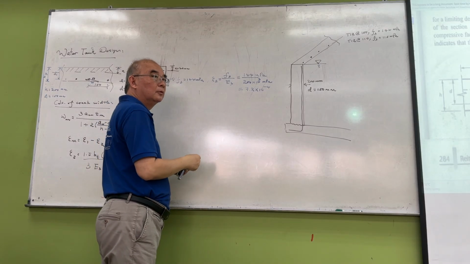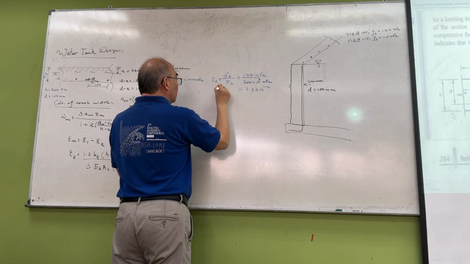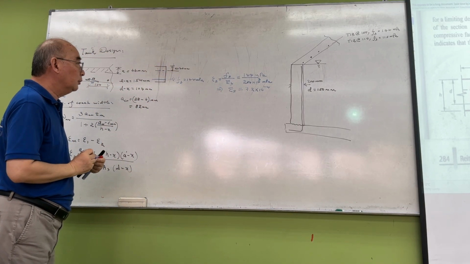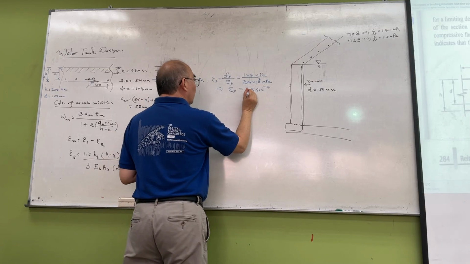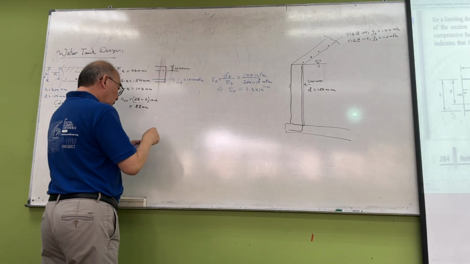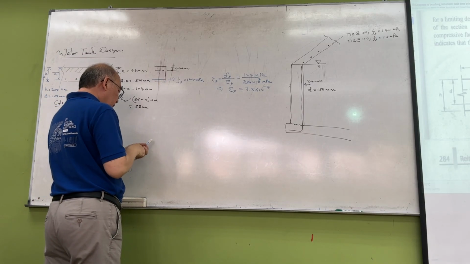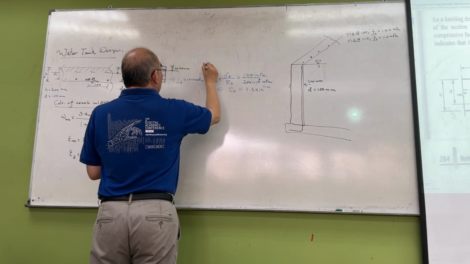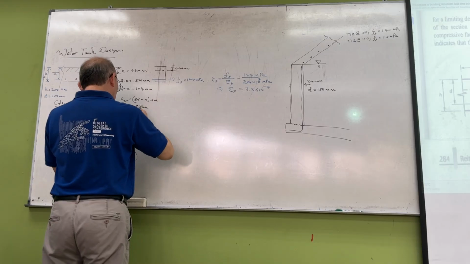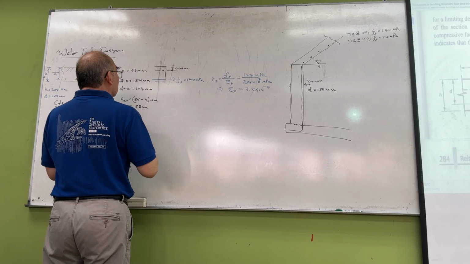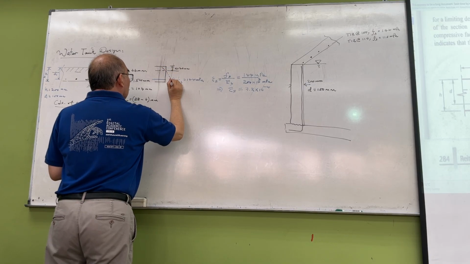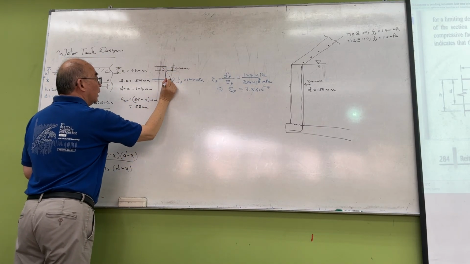Now our epsilon, the strain of the rebar, is equal to 7.2 times 10 to the negative 4. Now, what is epsilon m? So we have this, and this is epsilon s.